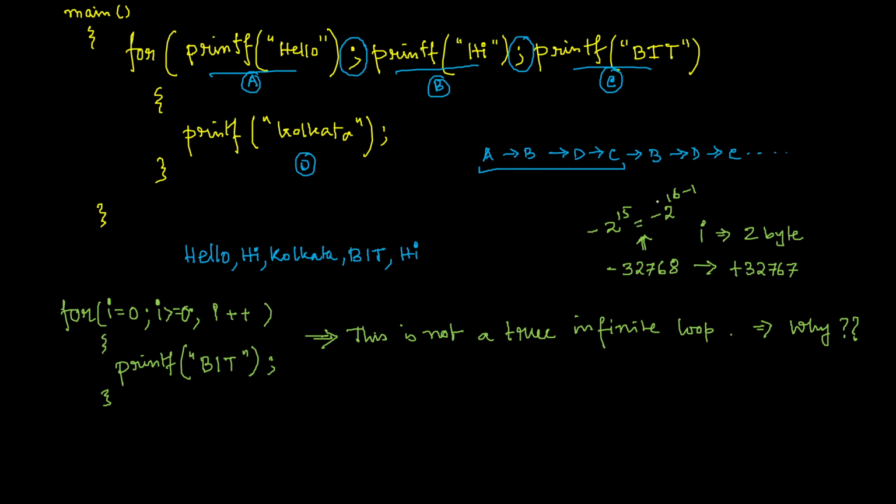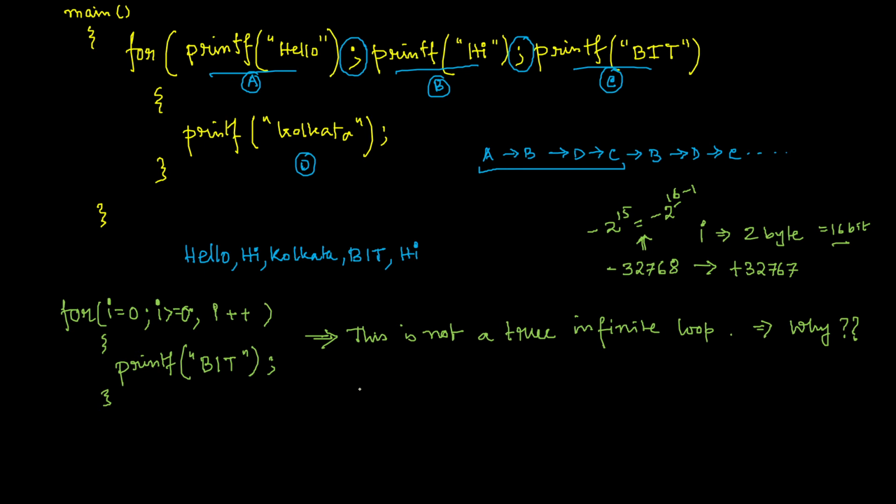You see why I have written 16, because it's 2 bytes, that means 16 bits. So from this point this 16 is coming. Now still if you cannot follow what I have written and why it came this way, you can go to my previous lecture video and find the lecture where I have discussed the range of any data type.